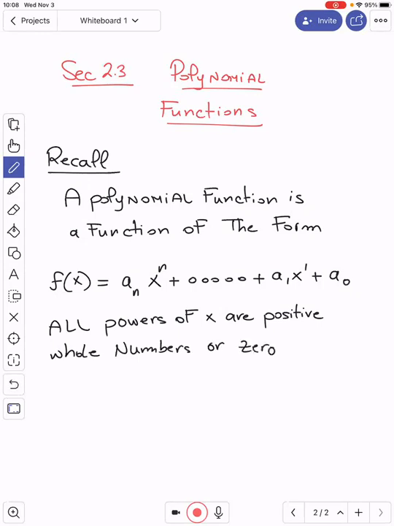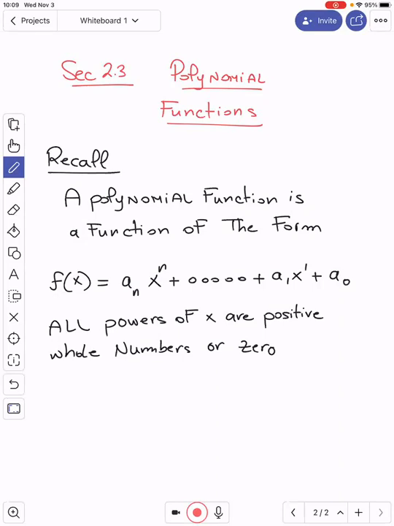If you have just one power which is not a positive whole number or 0, then f is not a polynomial. If you have some power which is a rational, a fraction, or some negative number, then f is not a polynomial. So what we have to keep in mind, guys, is that all the powers of x must be positive whole numbers or 0.